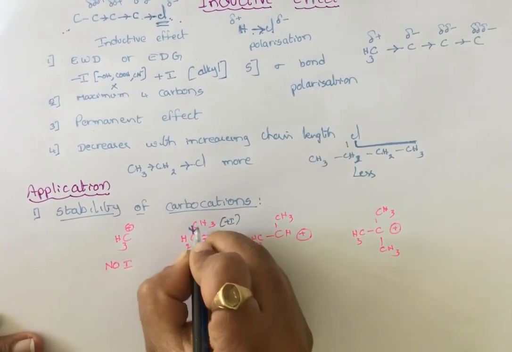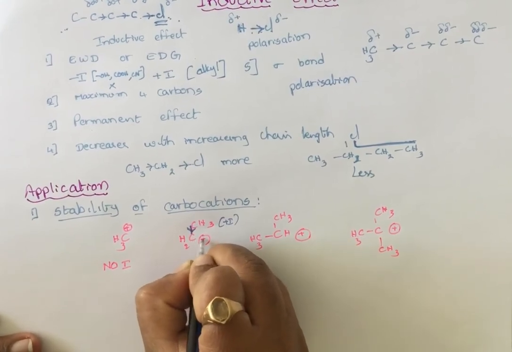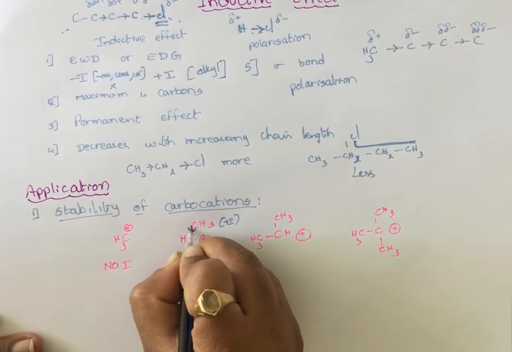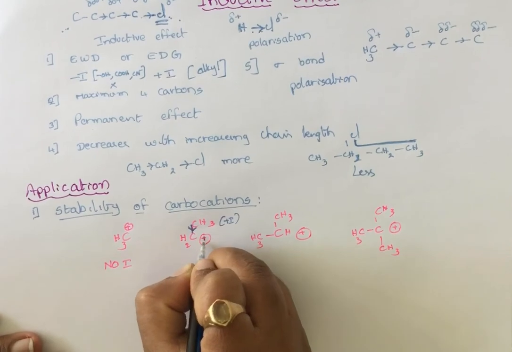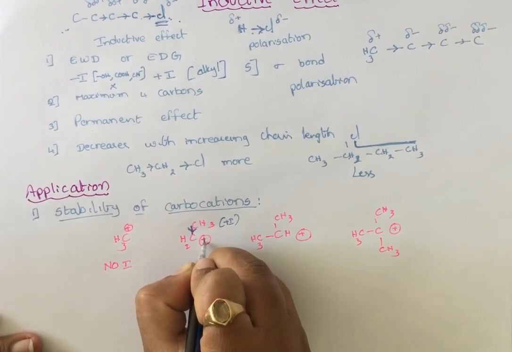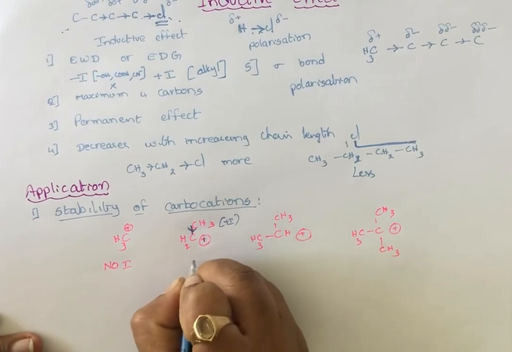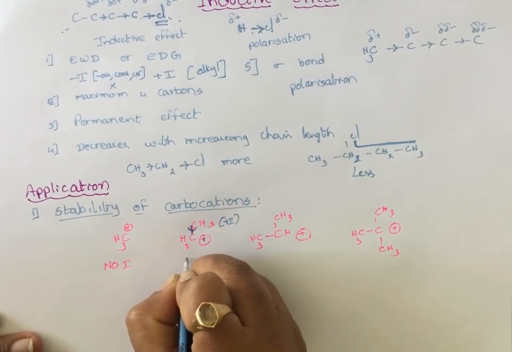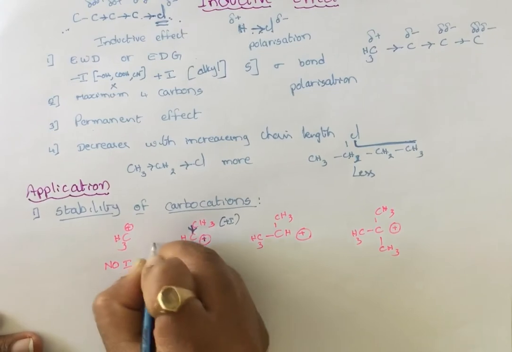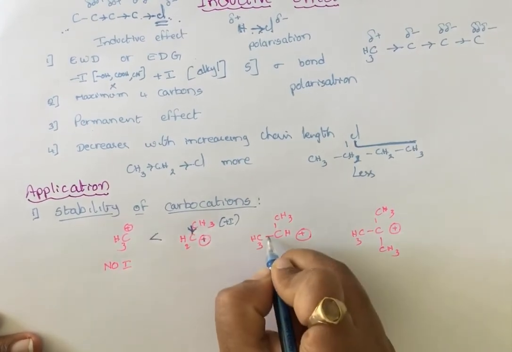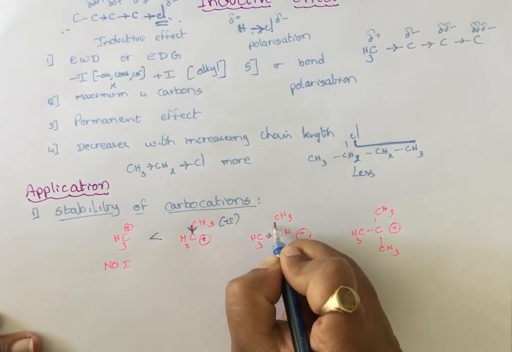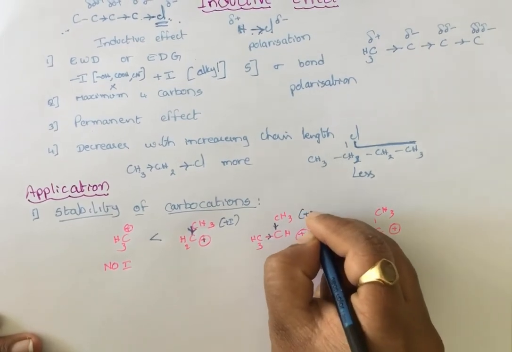It will donate a pair of electrons to this carbon, which is electron deficient, with a positive charge. When it donates electrons, the partial positive charge will be neutralized, not completely, only a little bit. Because of that reason, the stability of this will be more than this. And in this case, two methyl groups are attached, so both show a plus I effect.